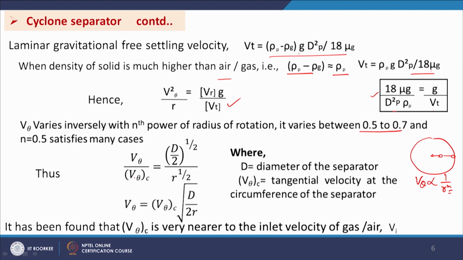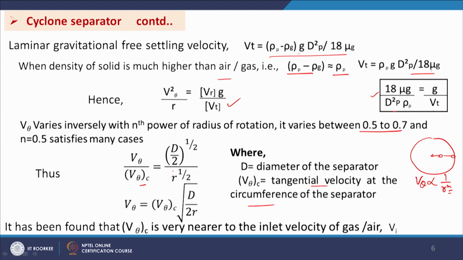So, then V theta by V theta c is equal to (d by 2) to the power half divided by r to the power half. Here d is the diameter of the separator, that means the particle is at the outer surface we are considering, that is maximum V theta, in that case that is V theta c, the tangential velocity at the circumference of the separator, that is, at distance small r equal to capital D by 2.